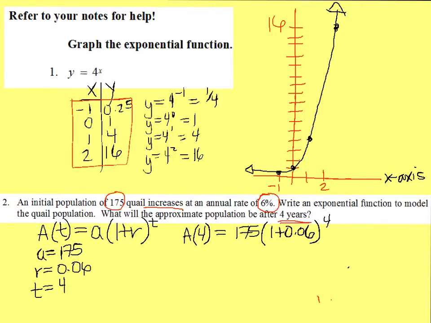First I'm going to say 1 plus 0.06, and get an answer for that. I'm going to say equals, then raise it to the power of 4, then multiply it by 175. And since I want to find the approximate population, I see that A of 4, my population after 4 years, is equal to about 221 quail.